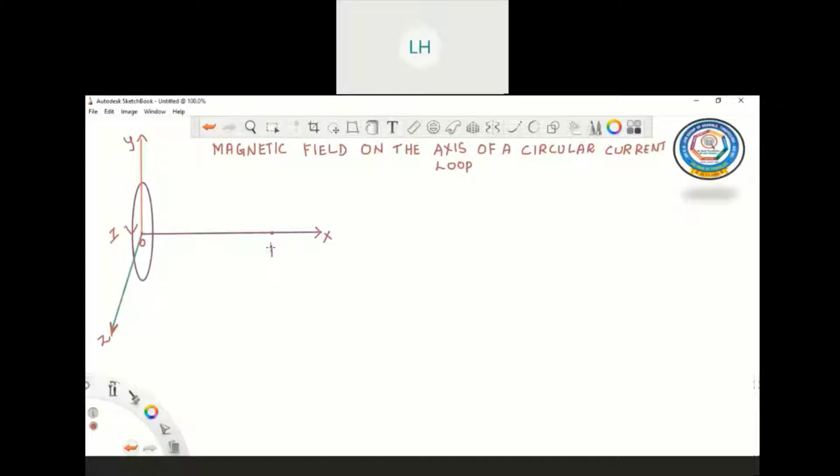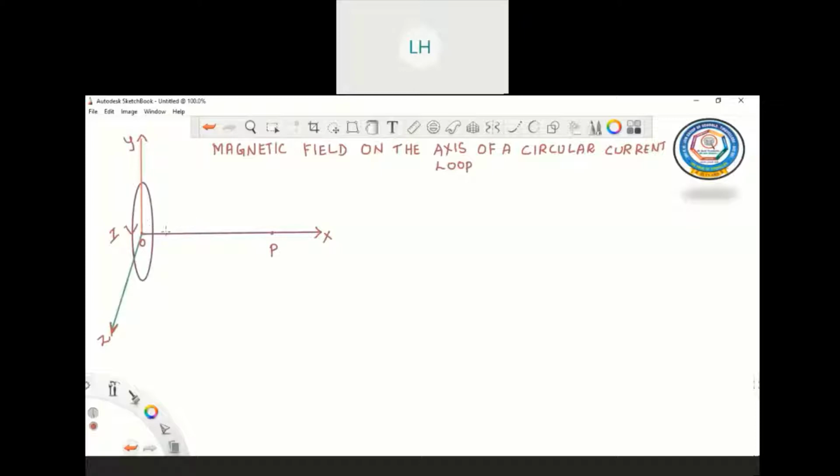In order to find the magnetic field at this point P, we are going to use Biot-Savart's law. The steady current is flowing along this direction.